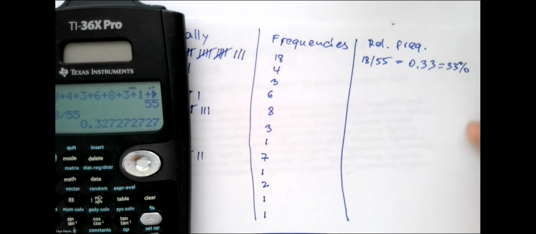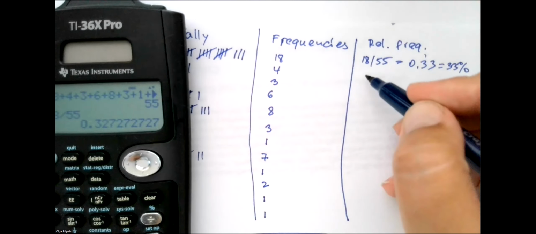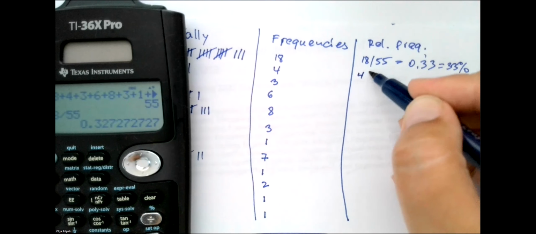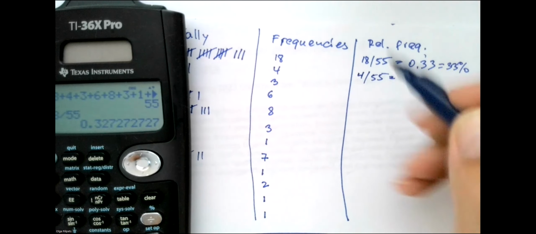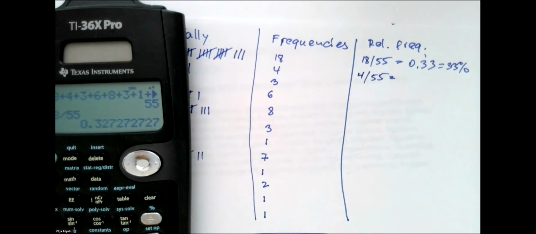So your relative frequency is gonna be either a fraction, a decimal, or a percentage. All right, so I'm gonna go ahead and figure out all the rest of the relative frequencies here.